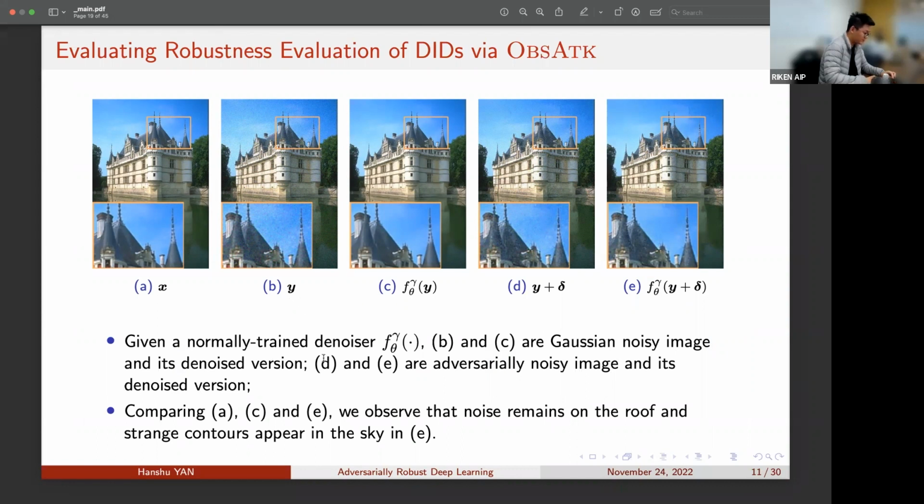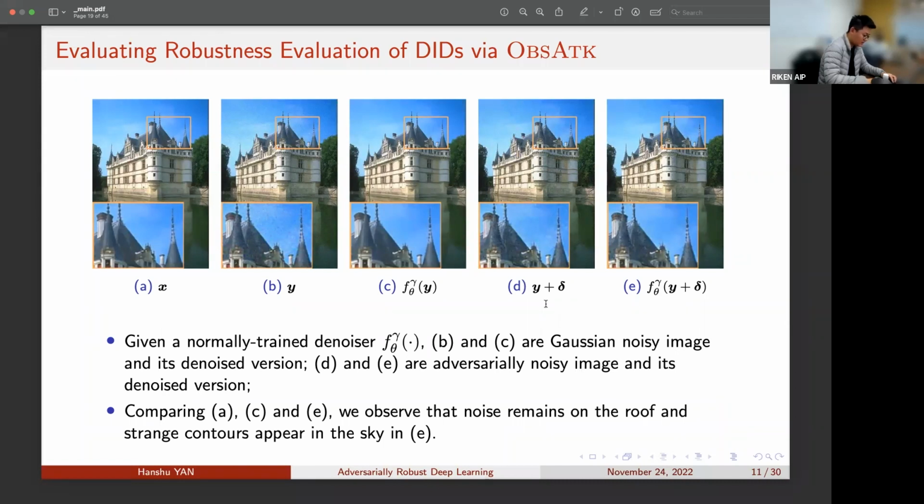Now, suppose we have a normally trained denoiser, meaning the denoiser is trained on common noise like Gaussian noise. We have some ground truth image X and its Gaussian noisy version Y. We can see that the result of the denoiser removing noise from Y is quite clean.